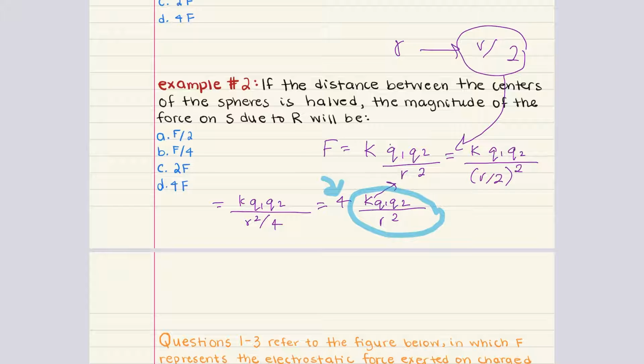So that means that when the distance between the spheres is cut in half, the force becomes 4 times greater than the original force. Therefore, the new magnitude of the force on S due to R will just be 4F. And that's going to be answer choice D.